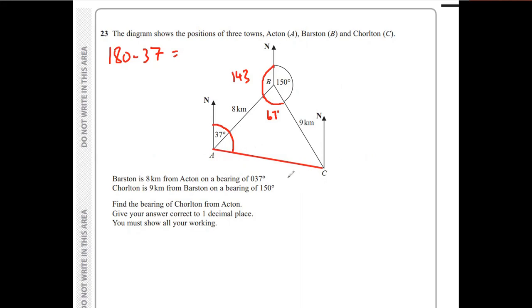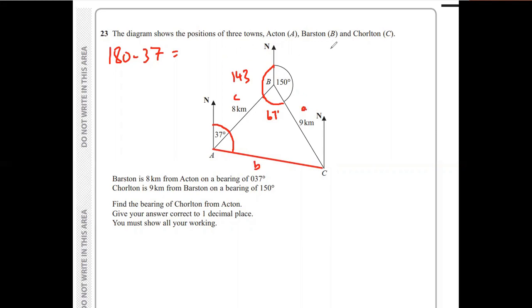Right, we'll have to use the cosine rule because at the moment we have two sides of the triangle and the angle opposite to the missing side, which means we can label this side as b, this side is c, and this side is a.